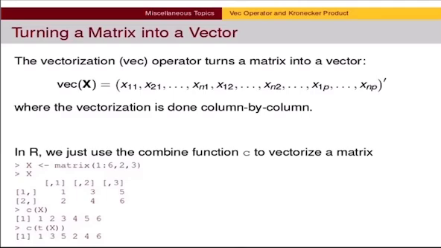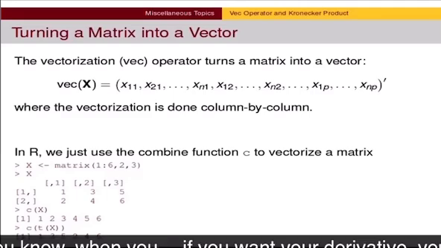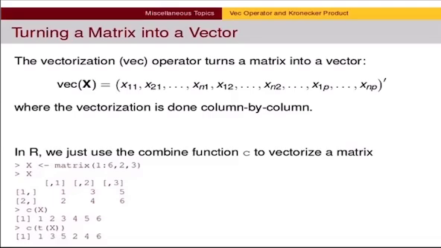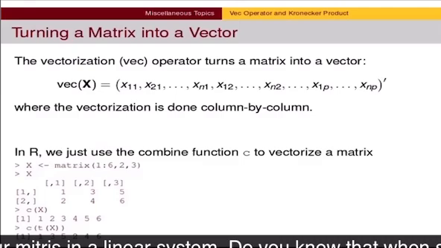Not only that, has anybody heard about gradients? If you want your derivative to be tractable as well, having it in a vectorized form will make it so easy. So there are a lot of benefits. Let me also say this: when you vectorize a matrix, you are putting your matrix in a linear system, and parameters in a linear system can be easily figured out.